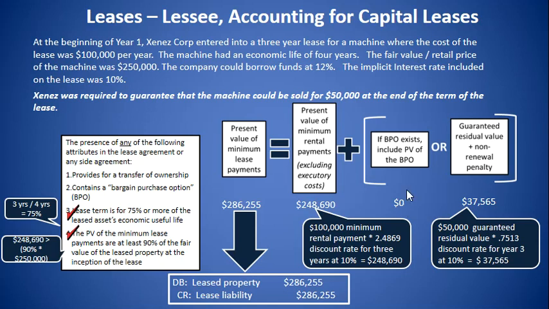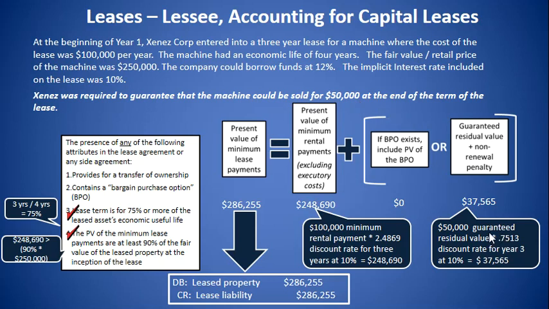Since the BPO doesn't exist, now I look to see, does a guaranteed residual value or a non-renewal penalty exist? And in this case, what we find out is that Zena's was required to guarantee that the machine could be sold for $50,000 at the end of the term of the lease.